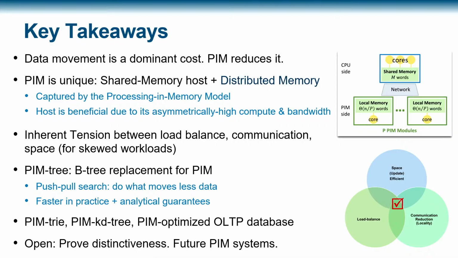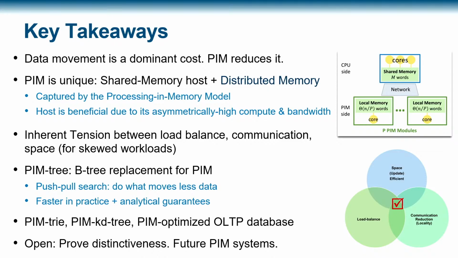I've argued that the host is a big reason it helps, because it has asymmetrically high compute and bandwidth compared to the guys here. And that's kind of baked in. There's this inherent tension in processing memory between load balancing, communication, and space for skewed workloads.